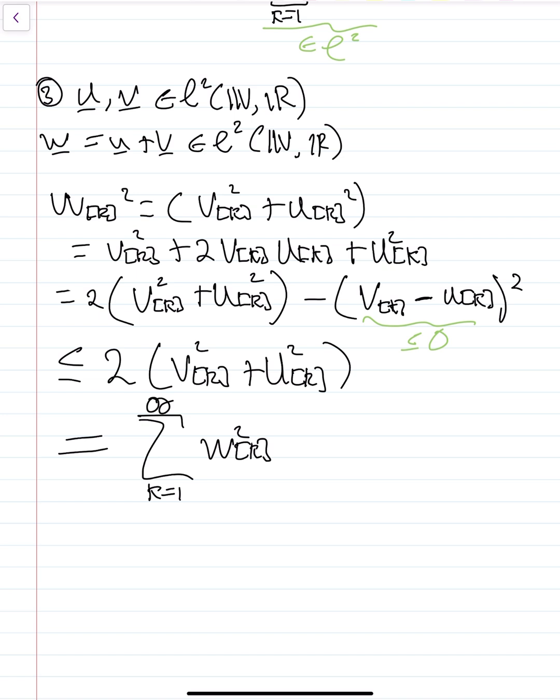Because v is in L2, this is going to converge, and this is going to converge too, and therefore the sum is going to converge because they both converge, and 2 times that is also going to converge. I'm just using the definition of a convergent series. And now I am done. So I have proven that L2 over R is a vector space. In the next few videos, we will be extending on this notion.